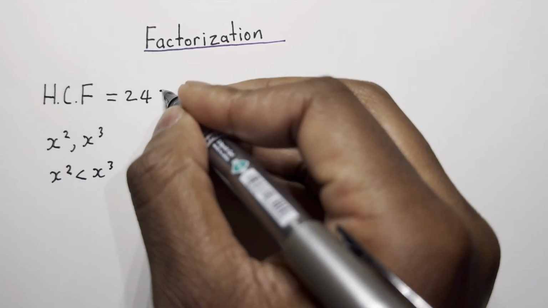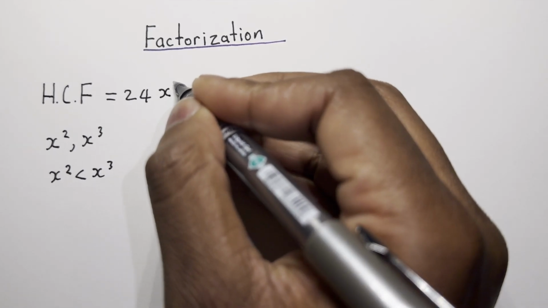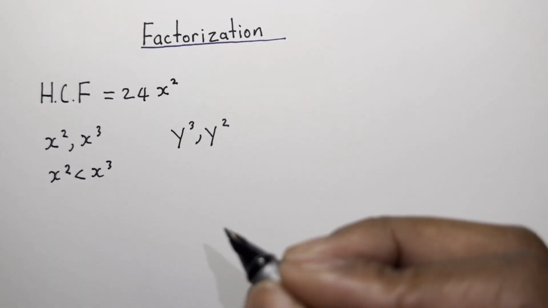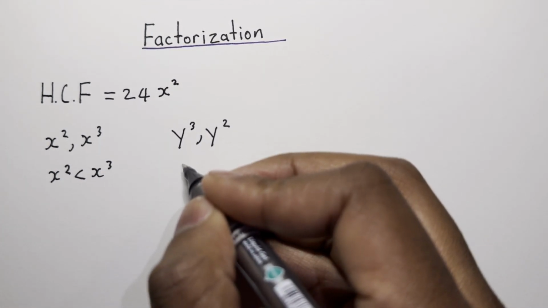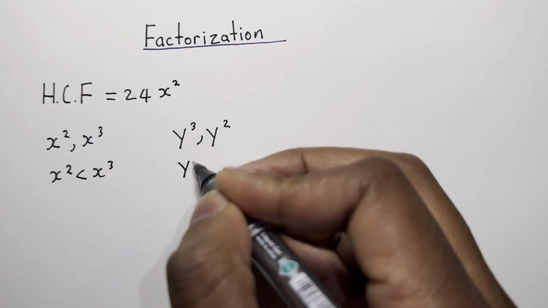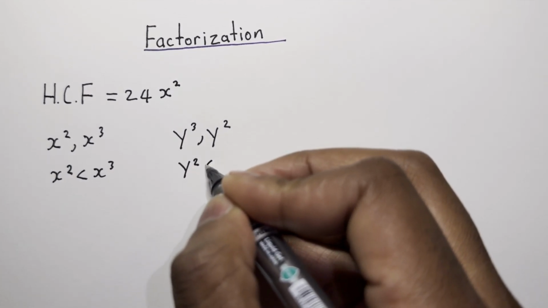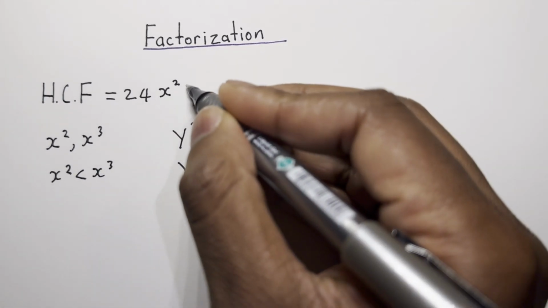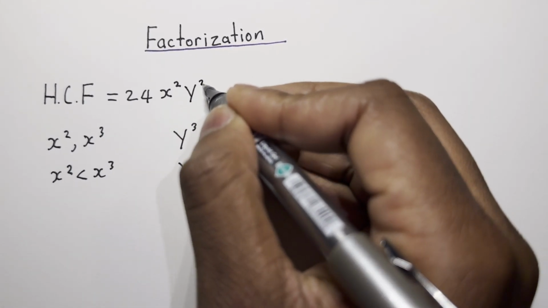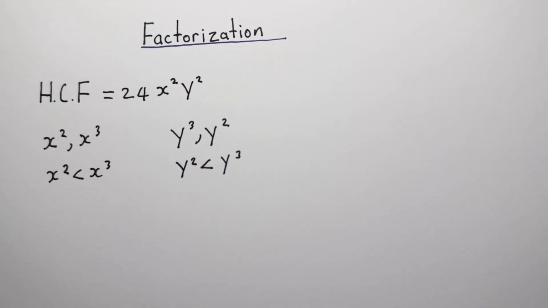So we need to include x squared. Now let's look at our y terms. Which one is lesser? Correct. Y squared is less than y cubed. So we include y squared. So now we have found the HCF of the entire expression.